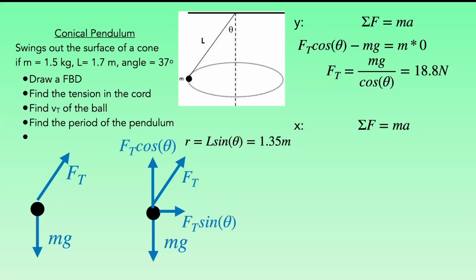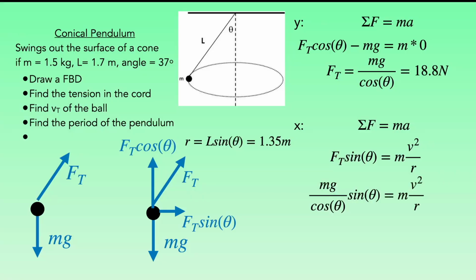The only force is ft sine theta, and the acceleration is centripetal, v squared over r. So now we have mg sine theta over cosine theta, which is mg tan theta, equals mv squared over r. So we end up with v equals the square root of r g tan theta equals 3.16 meters per second.